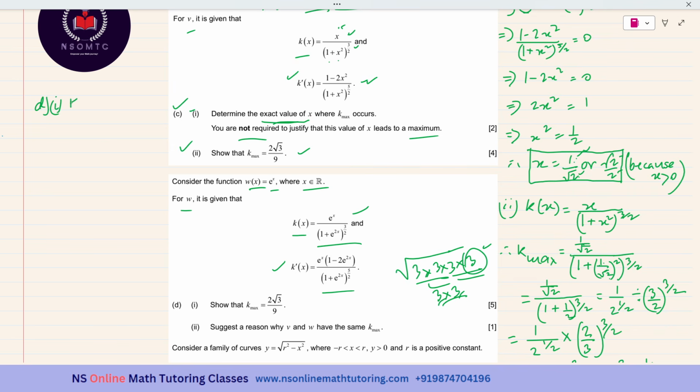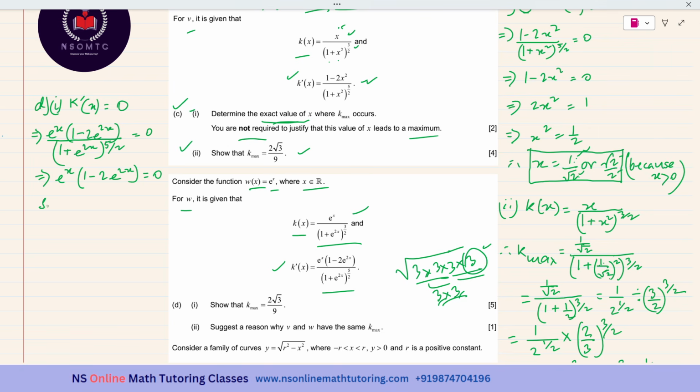So first derivative of k of x is equal to 0, implies e to the power of x and 1 minus 2 e to the power of 2x over 1 plus e to the power of 2x raised to the power of 5 over 2 equal to 0, implies e to the power of x and 1 minus 2 e to the power of 2x is equal to 0.